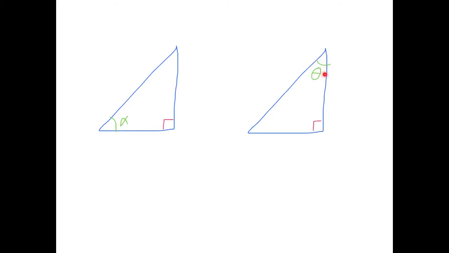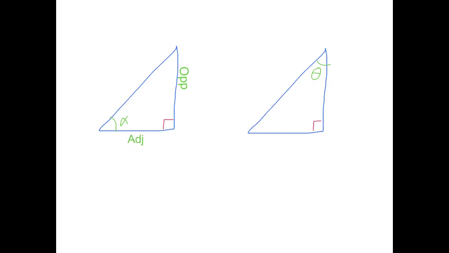So the labeling is going to be very different in these triangles. For this side right here, in this triangle, this will be the opposite, right? This one right here would be the adjacent.